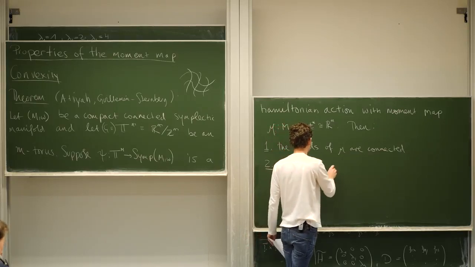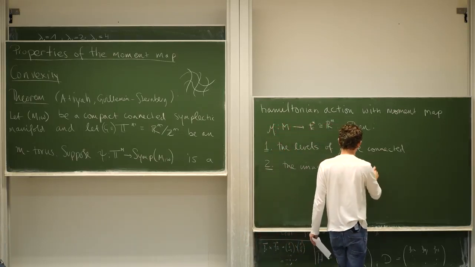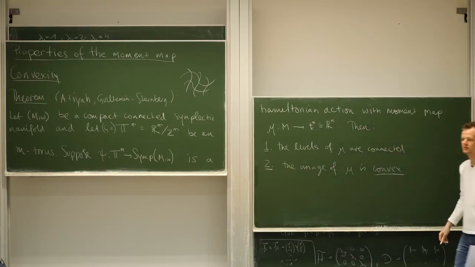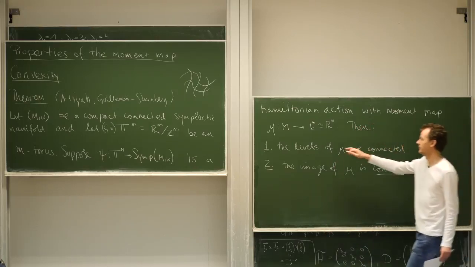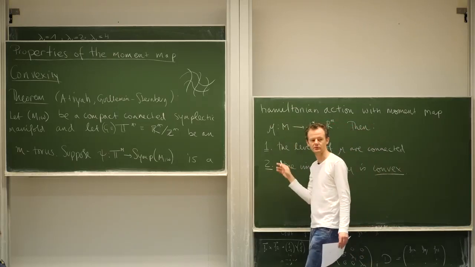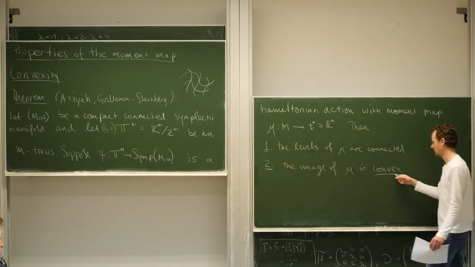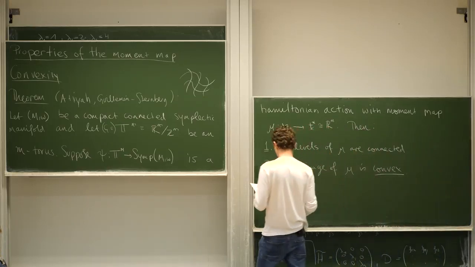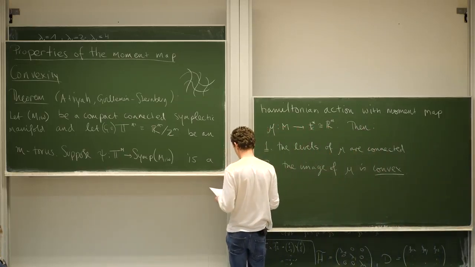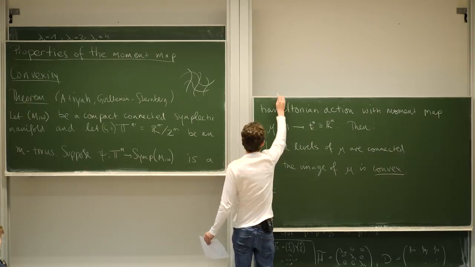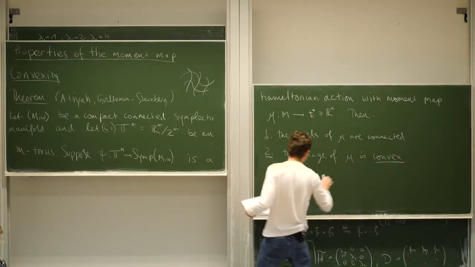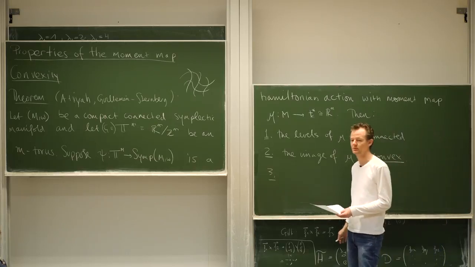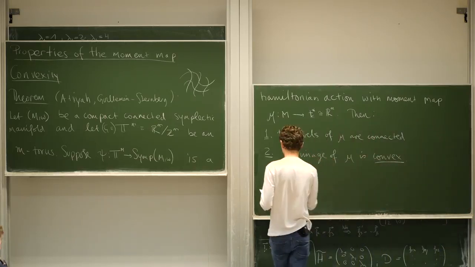is very striking. Namely, that the image of this manifold M, no matter how crazy that manifold is, the image under mu is convex. And furthermore, even more striking than that, is that this is not just any convex set, but it's the convex hull of a bunch of fixed points of the action.